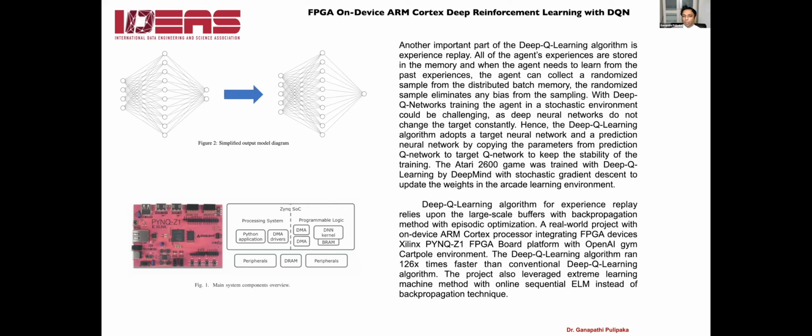Then it takes a sample from the distributed parallelized memories, so it can eliminate the bias while processing, because the sample is evenly distributed. It's going to do much better, especially when operating in stochastic environments, which are more dynamic.